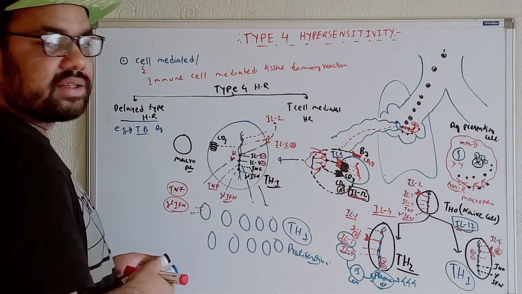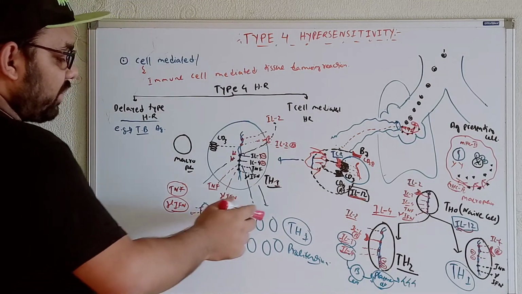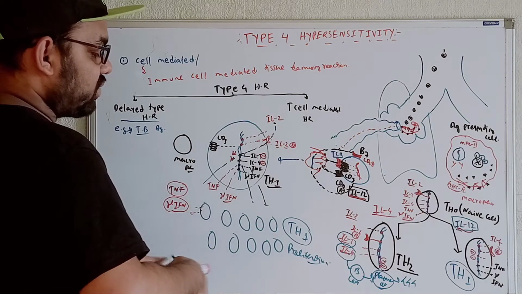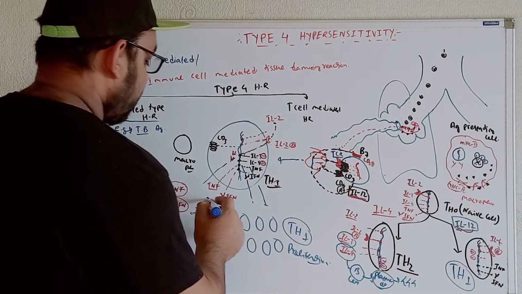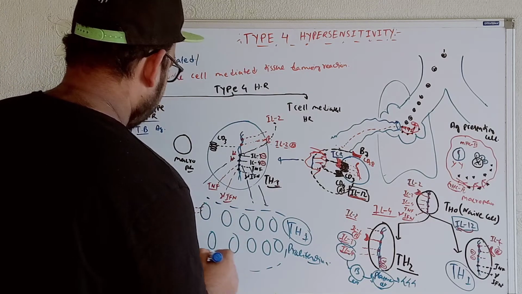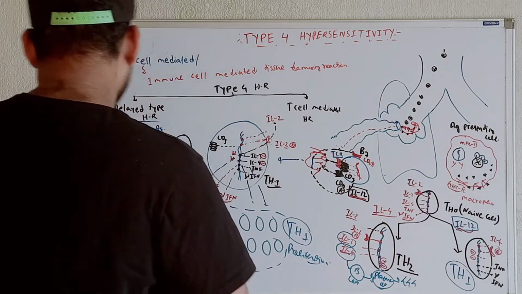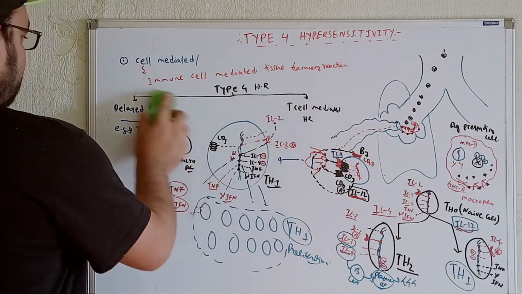So ultimately, whenever we get the proliferation of the Th1 cells within the lymph nodes, from the lymph nodes these whole cells, you can say the colony of the cells, will be taken by what? They will be taken by the general circulation. So if I show it over here, guys, let me show these things.